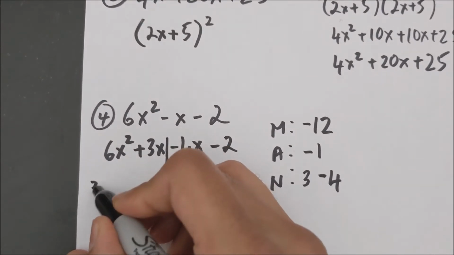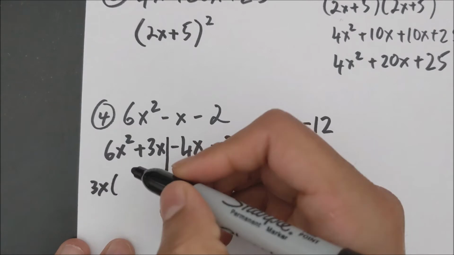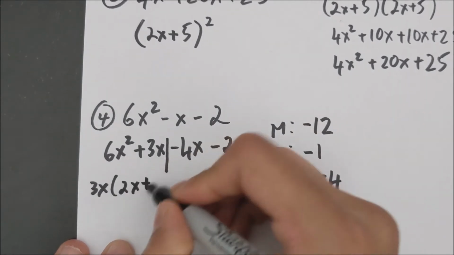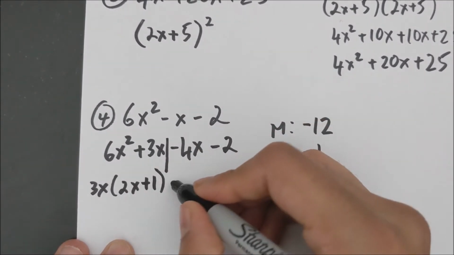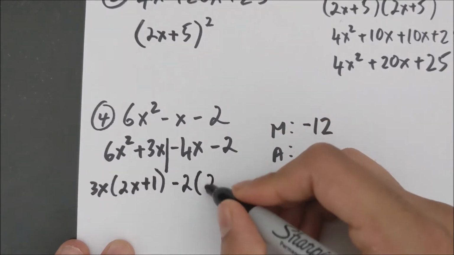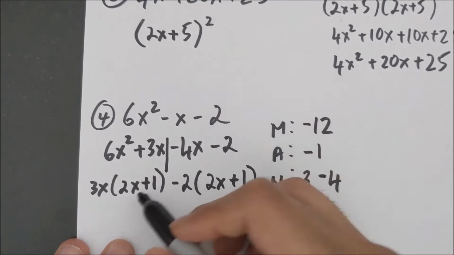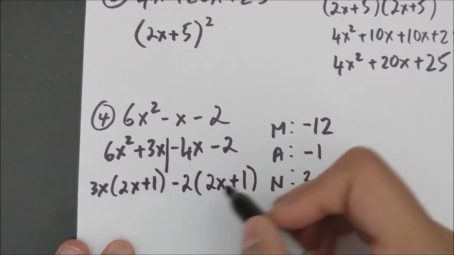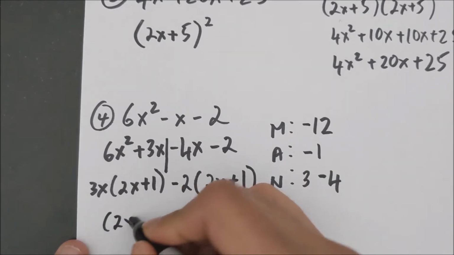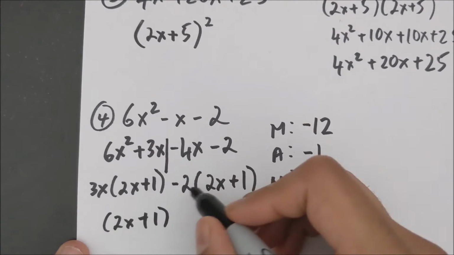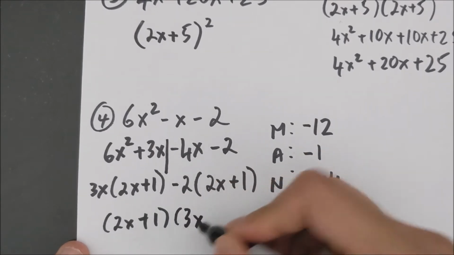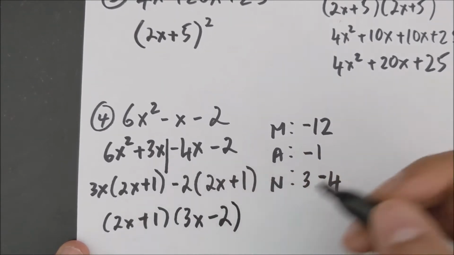So my common factor is 3x, 2x plus 1, and over here it's minus 2, 2x plus 1. You'll always get the exact same term in the bracket, and then we're just factoring out 2x plus 1. So what's remaining is what's on the outside, which is 3x minus 2.